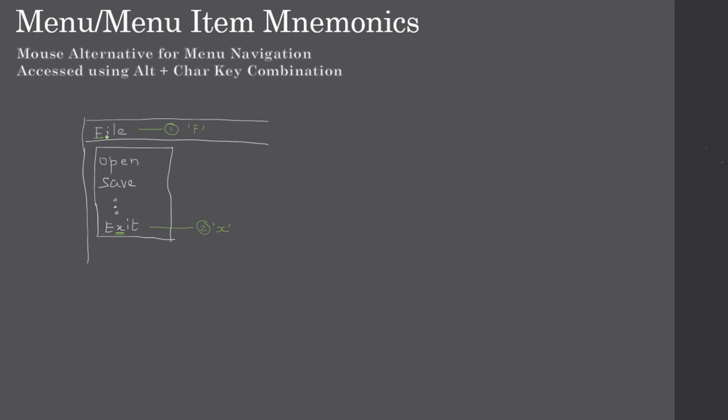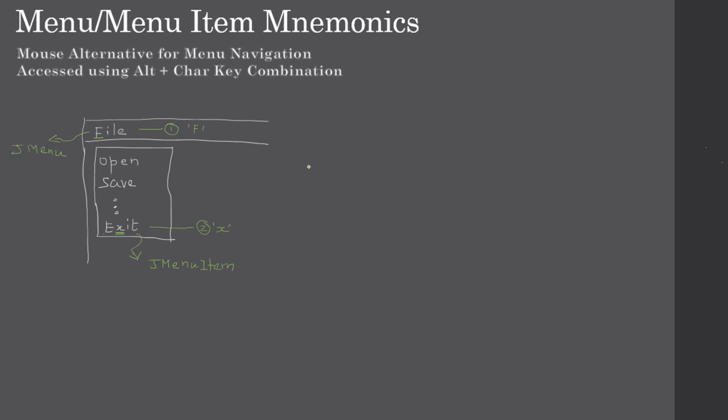So this one is actually a JMenu, and here in this example the exit is actually a JMenuItem. Alright, now let's say the menu is not in the opened state. To navigate to file exit, what should the user do?